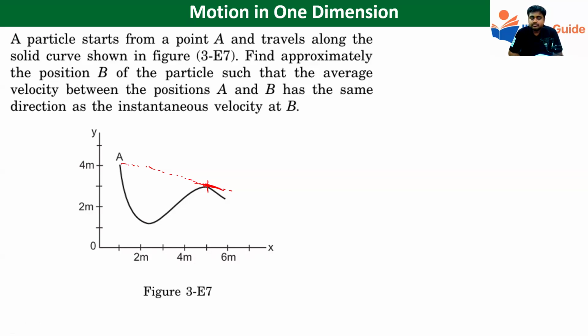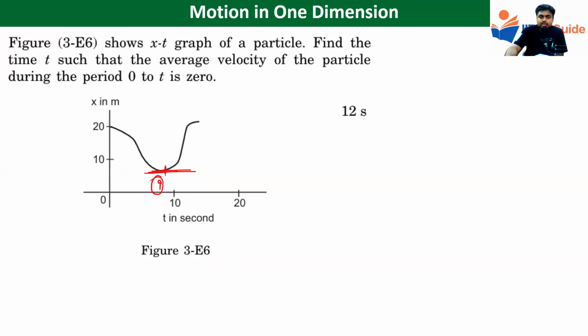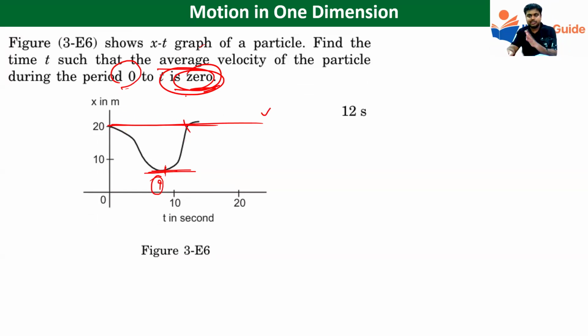Average should be at around 4 to make it 0. This question was different. Here we had to make the average velocity to be 0. So that means the position has to be same. Clear? Because average velocity is change in position divided by time.